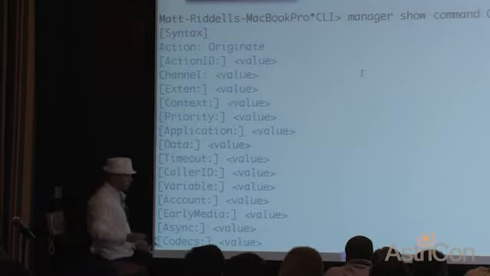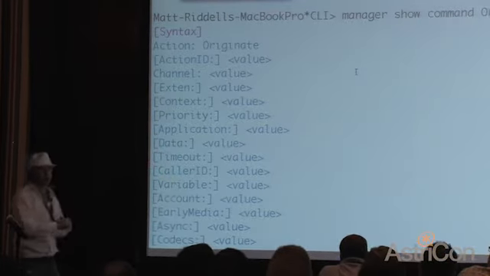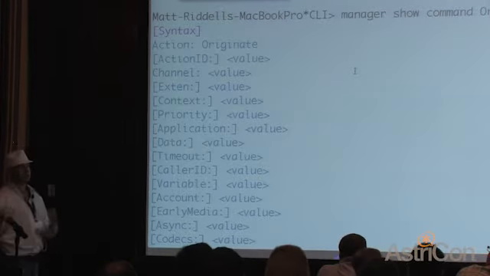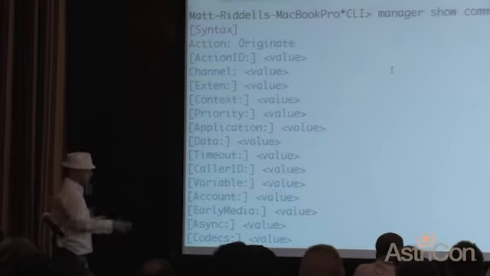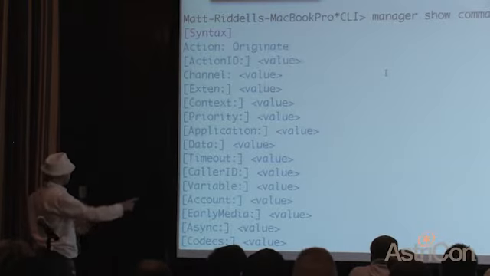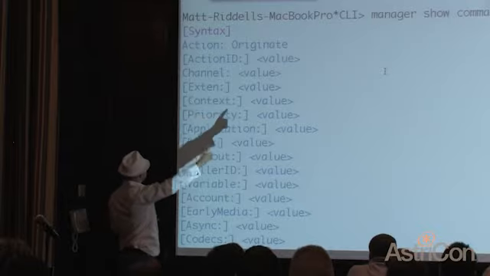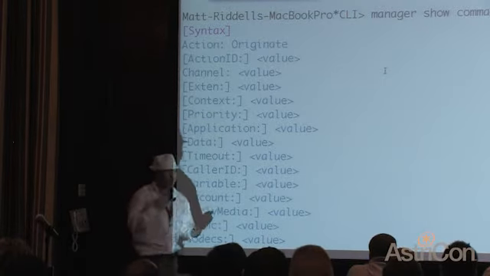For example, if you want to make a call between a particular agent in a call center who's on SIP/123, and you want to send them to the dial plan to the echo test, which is at the context default extension 600 priority 1, then you'd say action originate channel SIP/123 context default extension 600 priority 1, and then that will just send them.